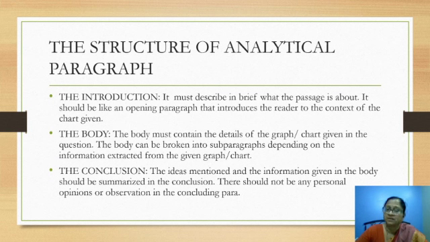Then we come to the conclusion, where you will draw the conclusion or summarize the ideas that you have mentioned in the body. And you should not use any personal opinion or observation. You should not mention any personal opinion or observation in the concluding paragraph.